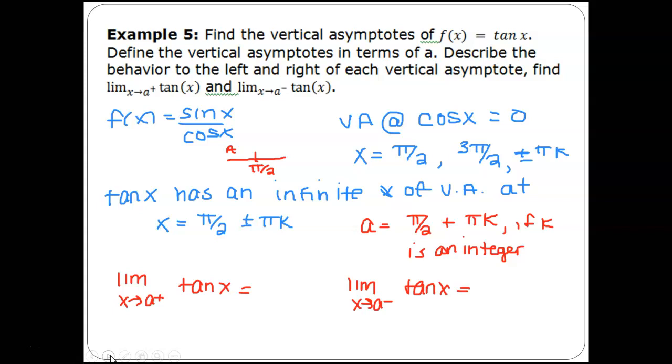So that means the limit as x approaches a from the left is going to be a positive sine over a positive cosine, which means it's going to positive infinity. In quadrant 2, sine is positive, but cosine is negative because all students take calc, which means the tangent is negative, which means the limit as x approaches a from the right is negative infinity.